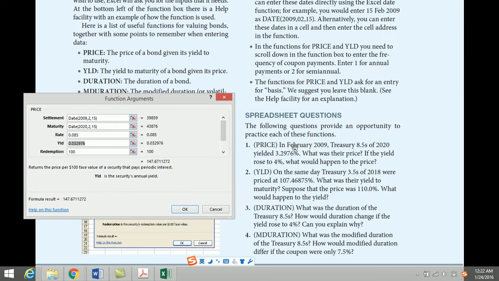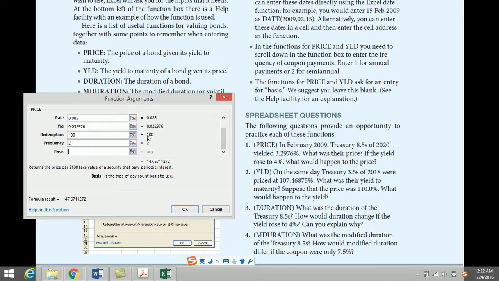Say it's in February, so we can name a random day, for example, if we buy on February the 15th, 2009, and the maturity date is February the 15th, year 2020, and the coupon rate is 8.5%, and yield to maturity is 3.2976%, and we get paid back in full.